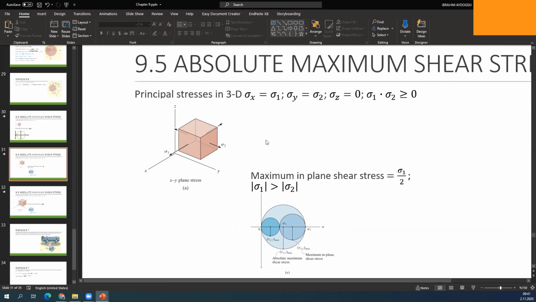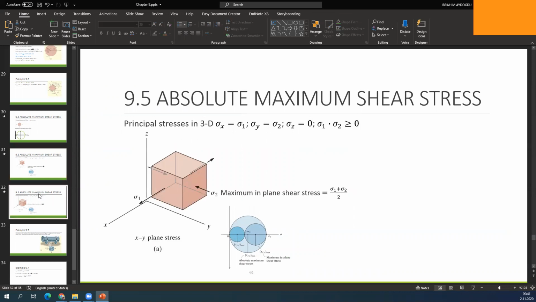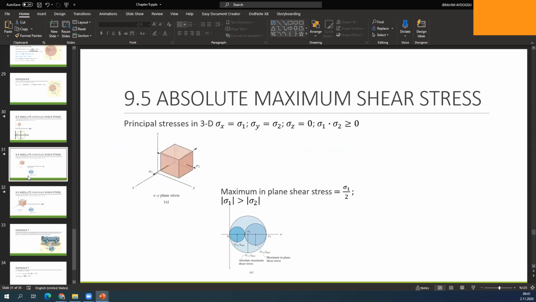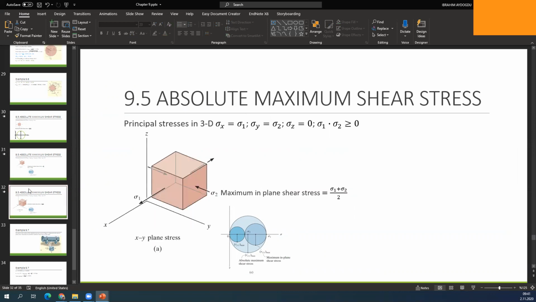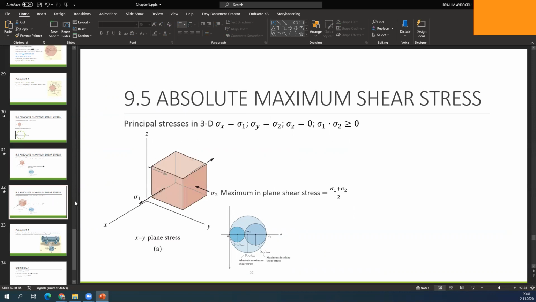It's very simple. Also, you can see the sigma multiplication is greater than 0. Now I want to focus on this case, this criteria. Sorry, I forgot to write that.